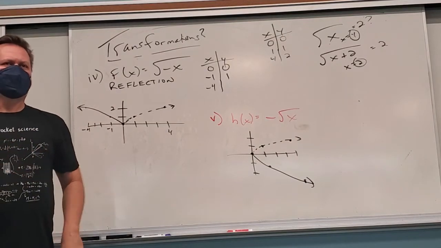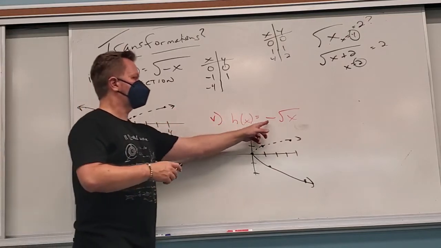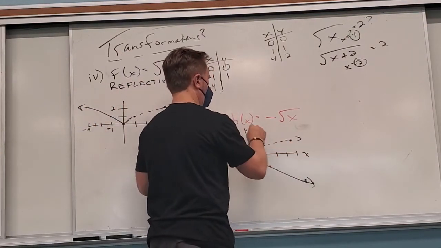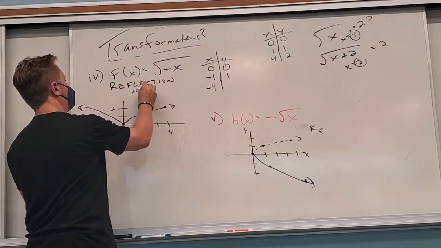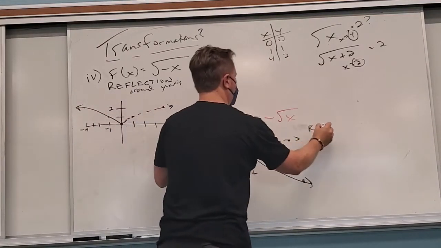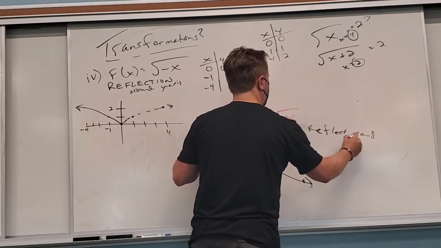And it becomes a flip over. So this would be a flip over the x-axis. This is a reflection, so let me be more specific. Reflection around the y-axis. This is a reflection around the x-axis.